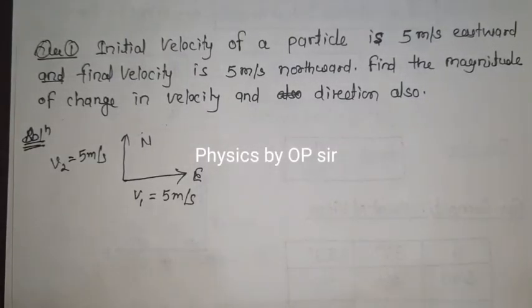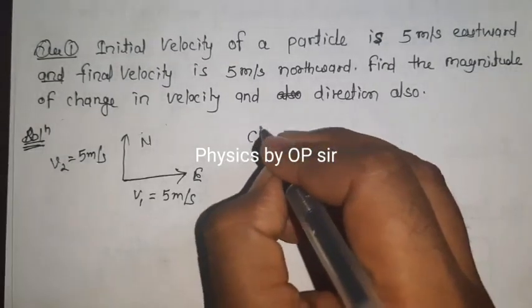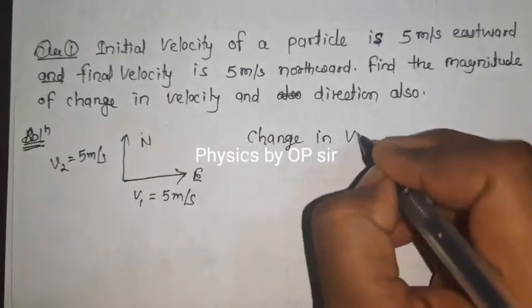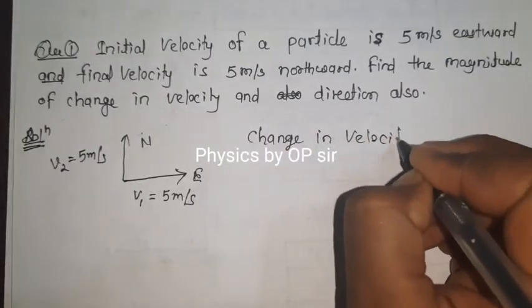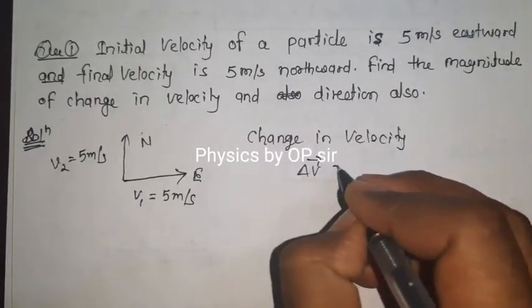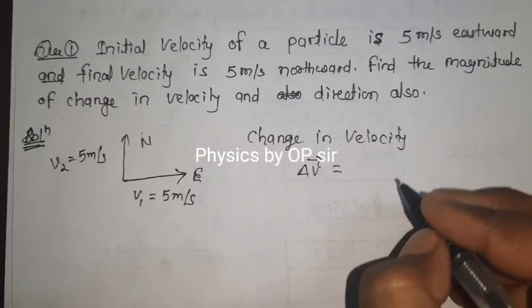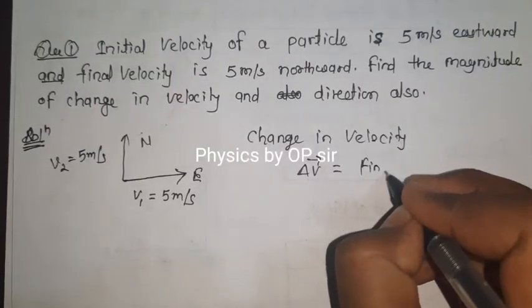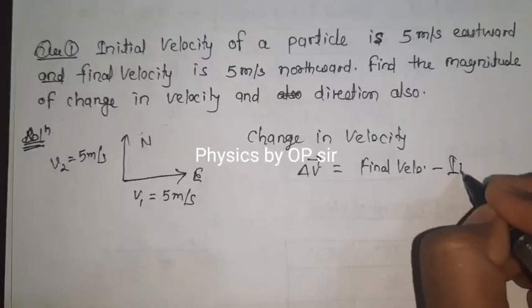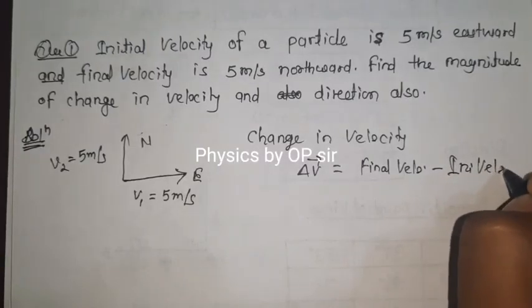And what is asked to you? Find the magnitude of the change in velocity and the direction also. Change in velocity means delta v vector. This delta v vector is final velocity minus initial velocity.